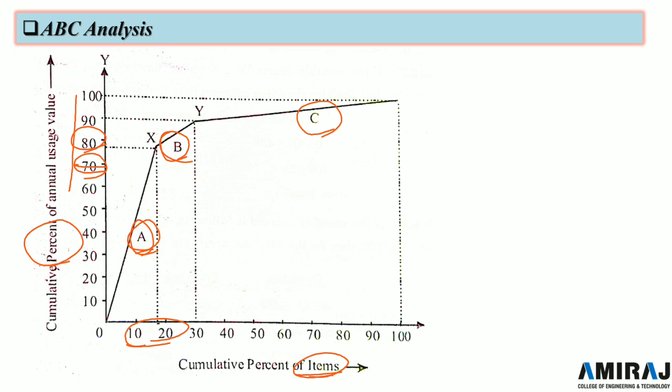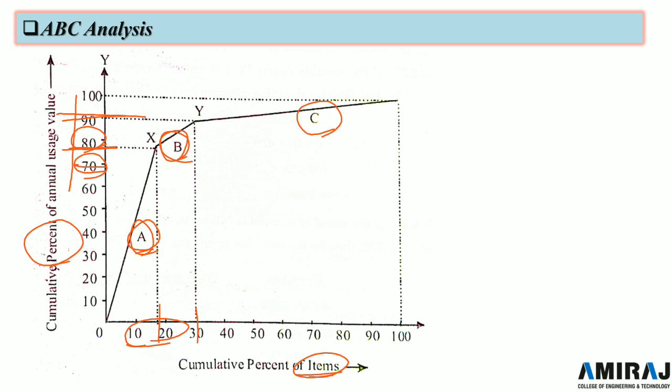In class B, the inventory accounts for 15 to 20% of the annual usage value, and its quantity is around 10 to 20% of the total number of items or inventory.